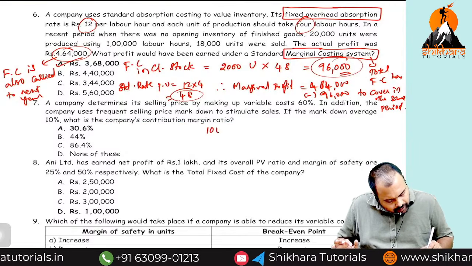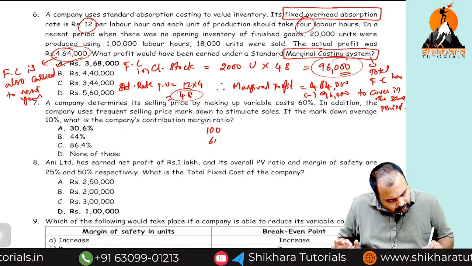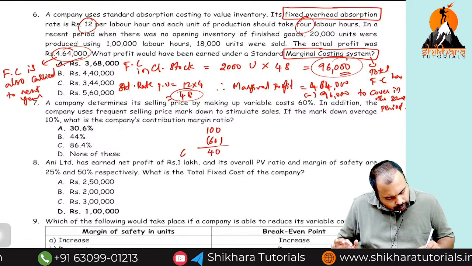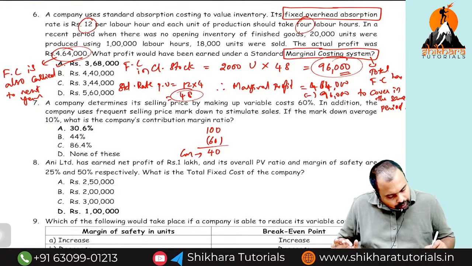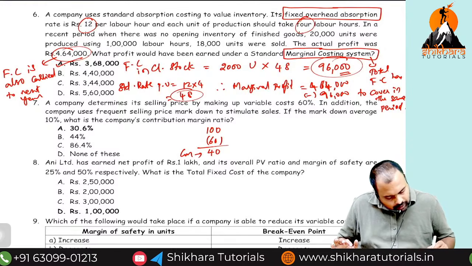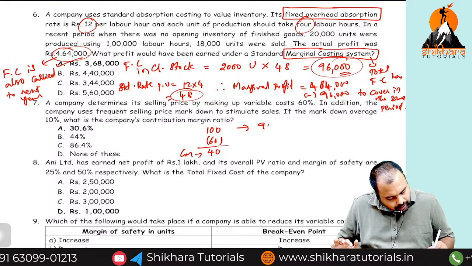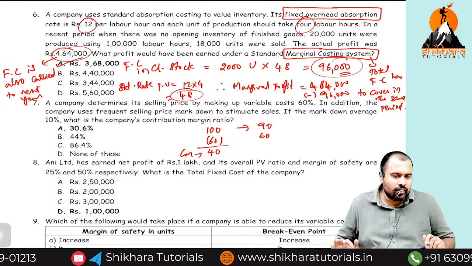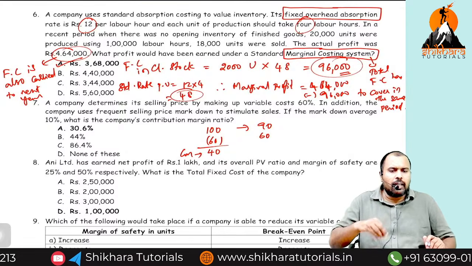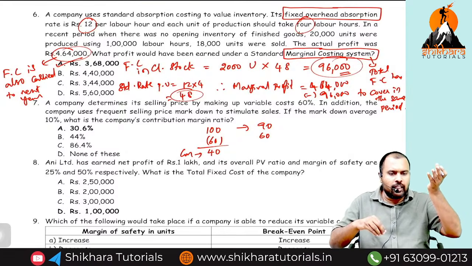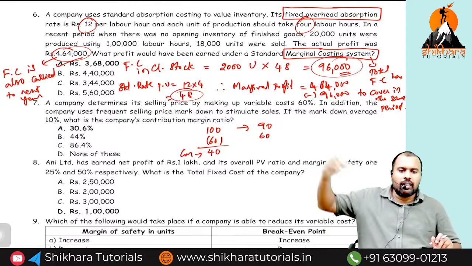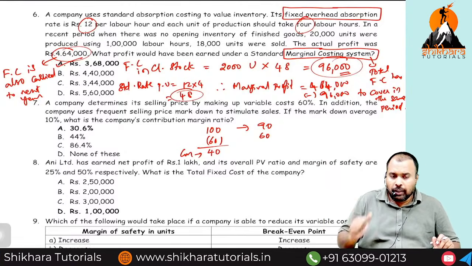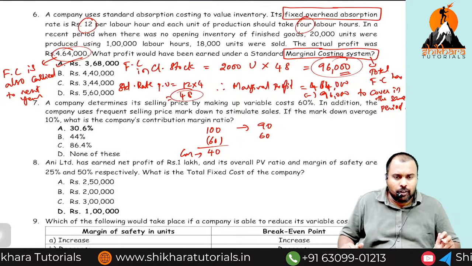Earlier, if the sales is 100, variable cost is 60, so our contribution has to be 40. But now they wanted to mark down our sales by 10%, which is 90, but still my variable cost will not change, sir. If I decrease my selling price to improve my sale units, why do you think that we can get costs at lower cost? Labor we may not agree to pay less amount, or materials also may not get at lower cost. Variable cost will not change.